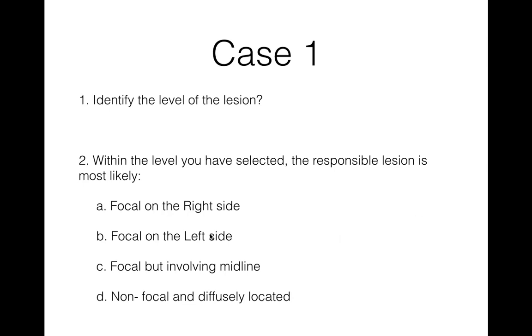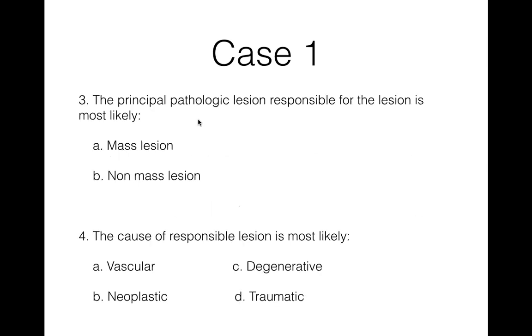So it's most likely to be focal on the right side. The principal pathologic lesion most likely responsible is non-mass. And the lesion responsible for this is most likely traumatic because of the history.